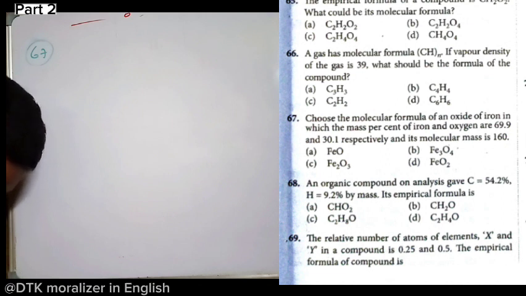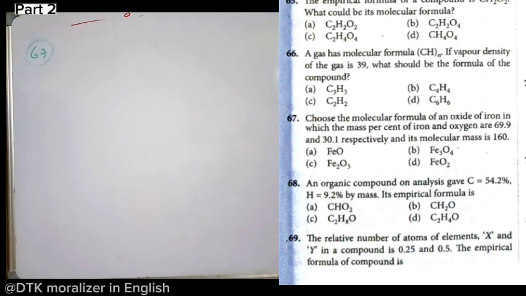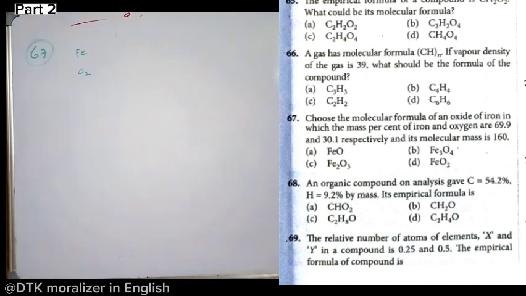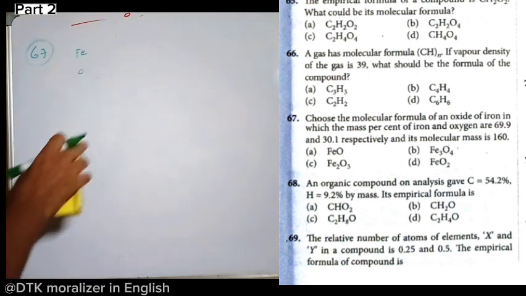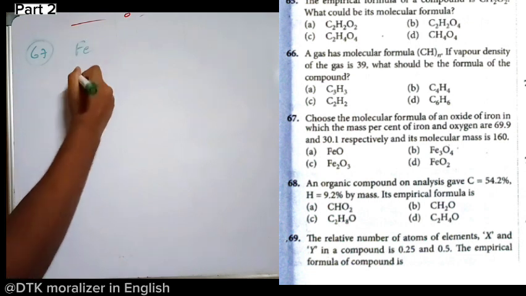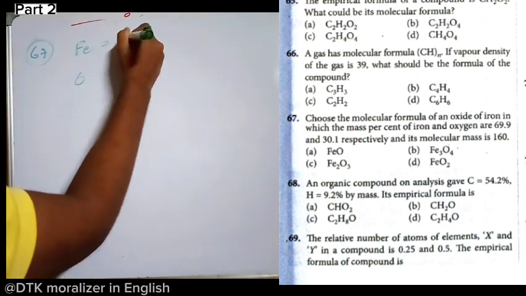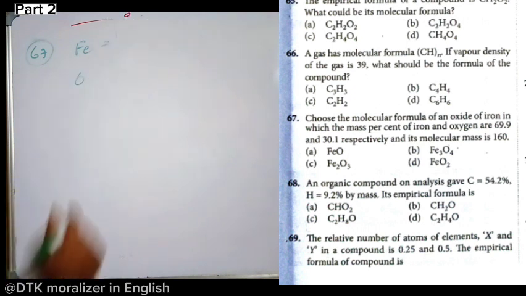Now question number 67. Choose the molecular formula of an oxide of iron in which the mass percentages of iron and oxygen are 69.9 and 30.1 respectively, and its molecular mass is 160. Here percentage is given and the molecular mass is given. We have to find out the formula.